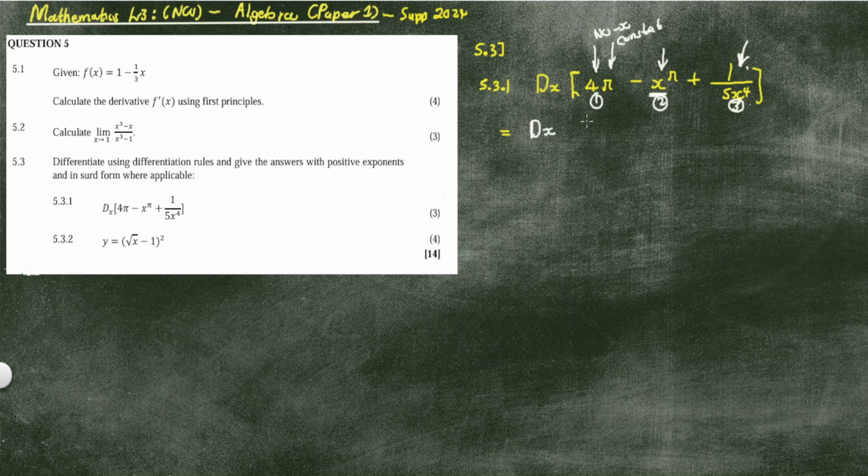So we simplify first for the third term. I have 4π minus x raised to exponent π. At this point, we are not differentiating; we are simplifying for the third term before we can differentiate everything. Plus 1 over 5x raised to exponent minus 4.